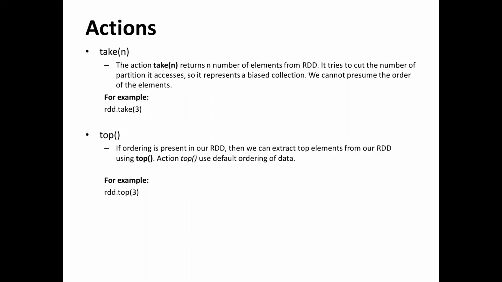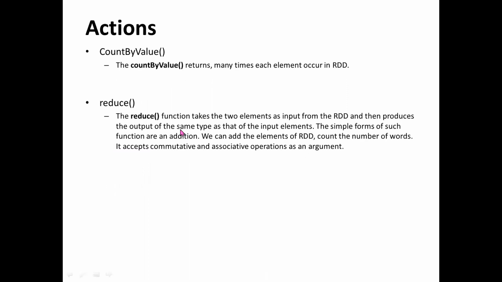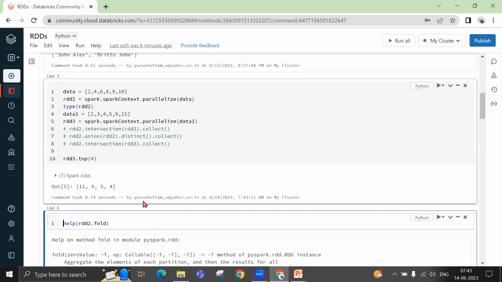Okay, so that's the difference between take and top. We have so many actions, some of them like countByValue. It returns how many times each element occurs, right?